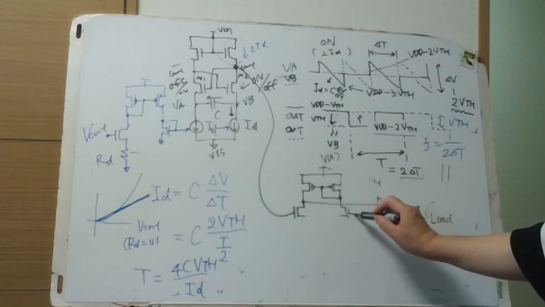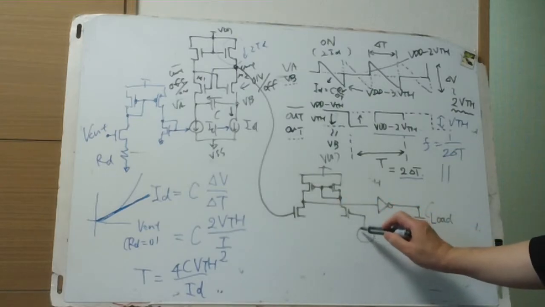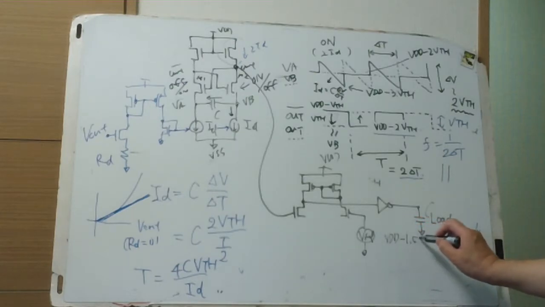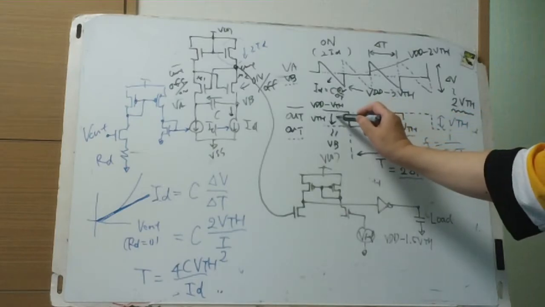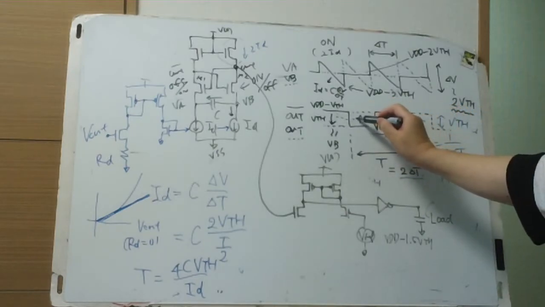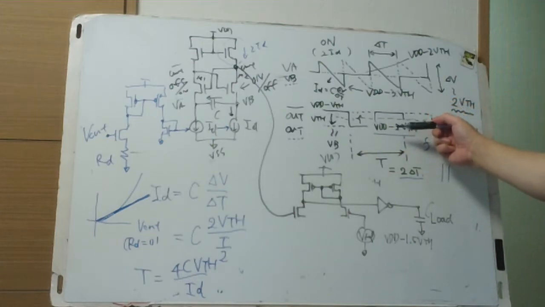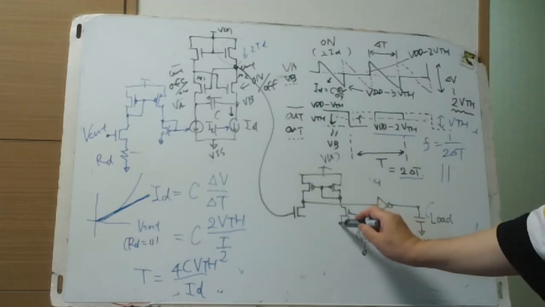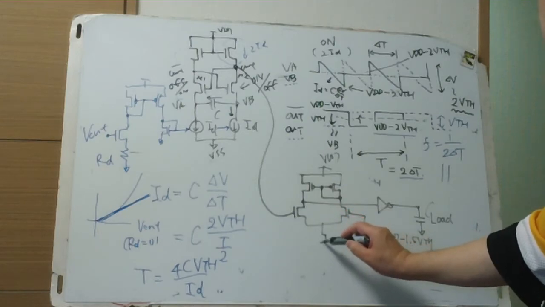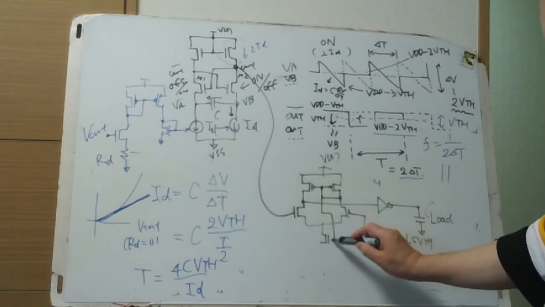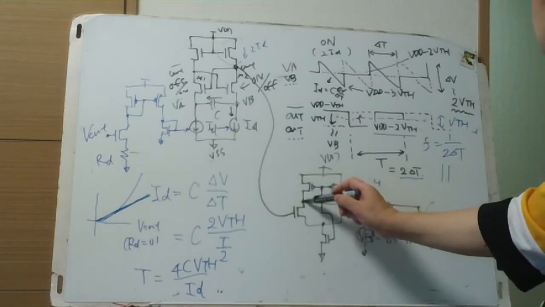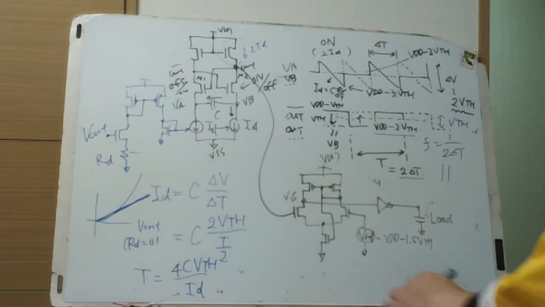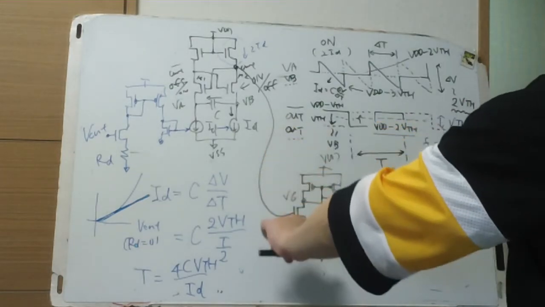On the other side of the differential pair there's a V reference around VDD minus 1.5 VTH, in the intermediate voltage between high and low of the output swing, and the bias is self-biased to accelerate the node C transition from VDD to ground, rail to rail.